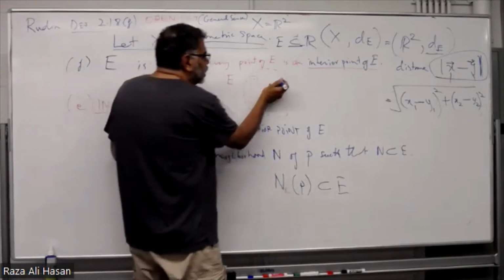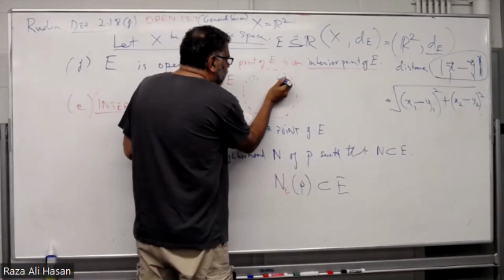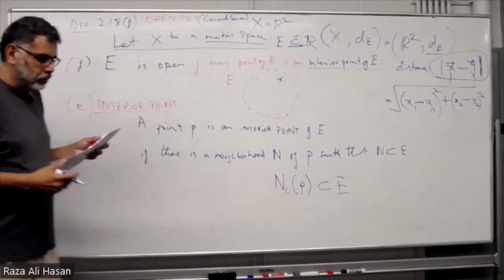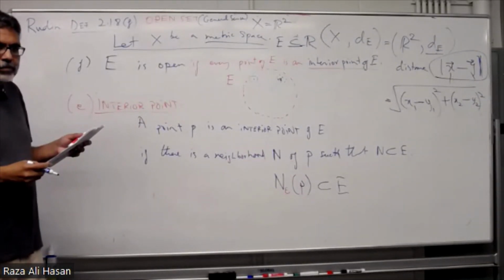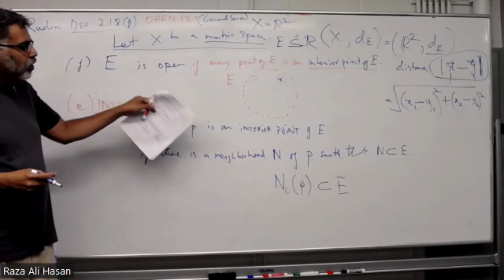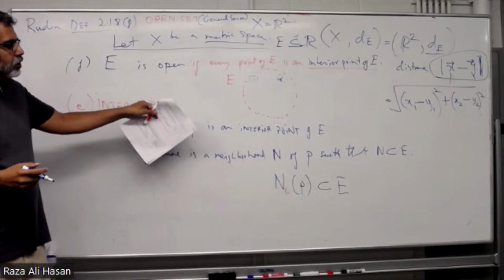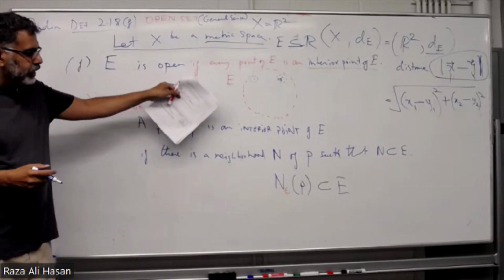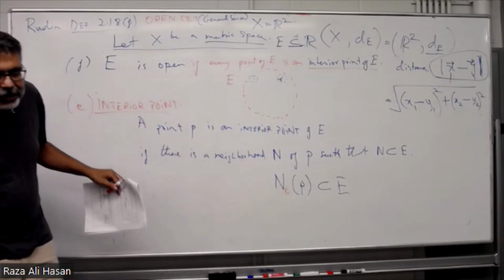And this is the epsilon. We can represent E on a number line too. It's the same thing.